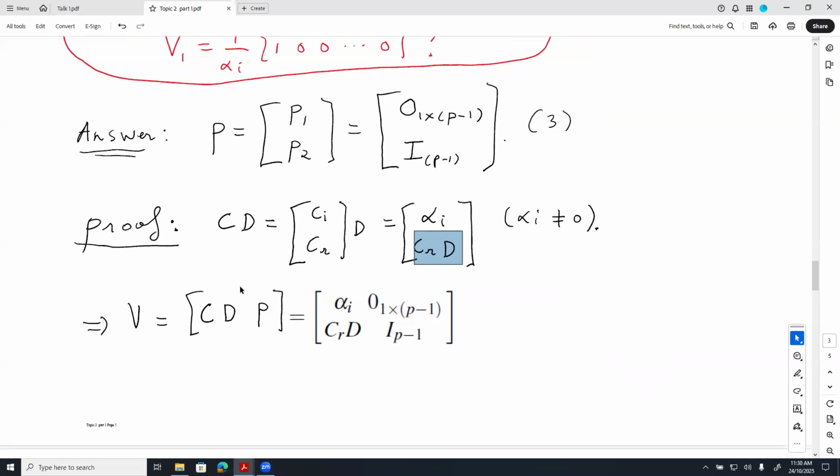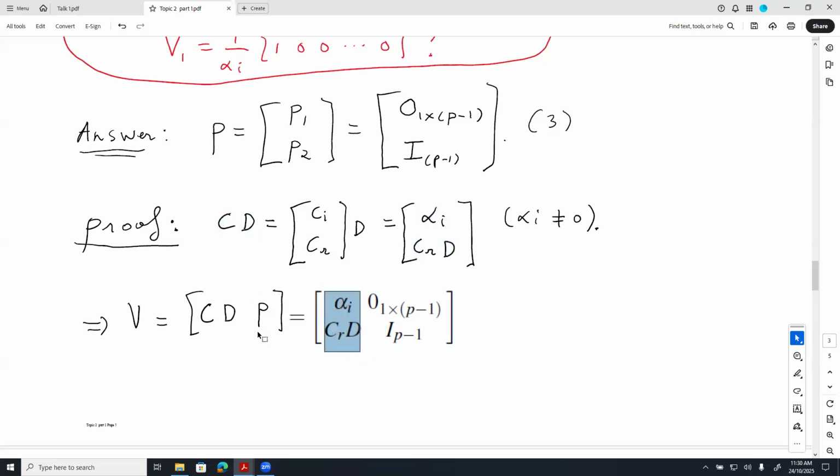So if we choose the metric P according to this structure, then we can see clearly that V is given by the following form, where CD is this column here.